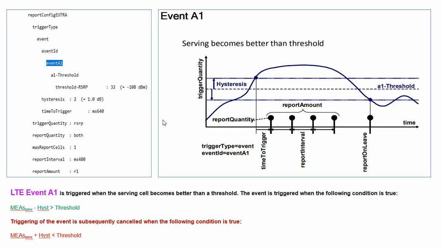I think all the small points are clear. Here max reported cell, meaning how many maximum cells are reported, is set to one. Everything is configured by the network and sent through the RRC reconfiguration to the UE.